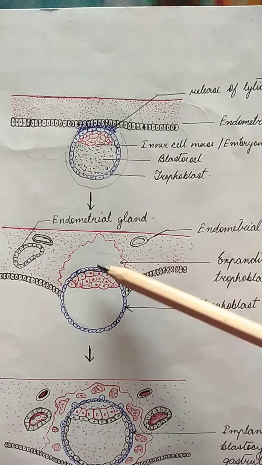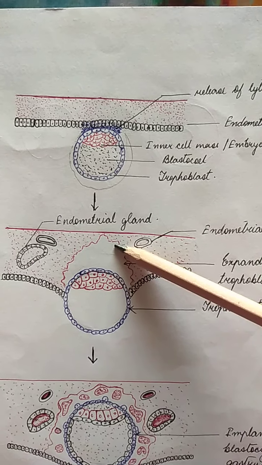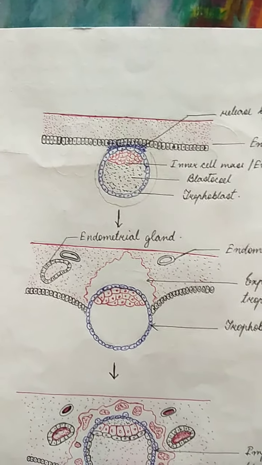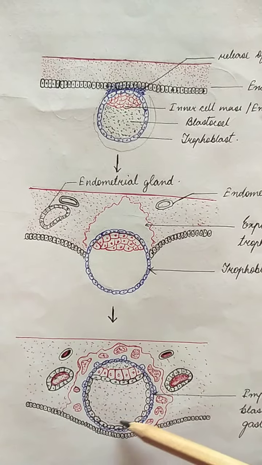The blastocyst sinks and then gets completely buried in the endometrium. The corroded part is repaired.